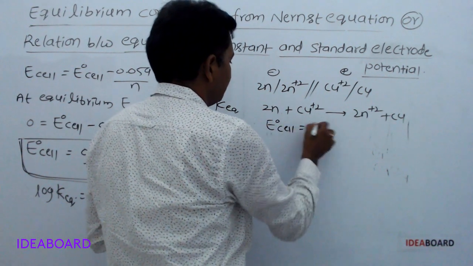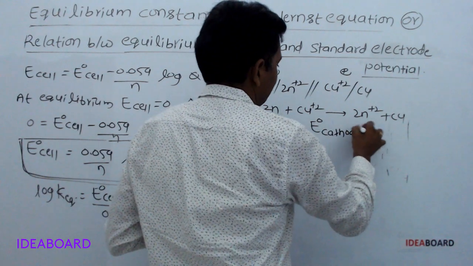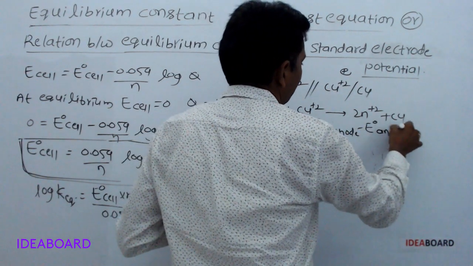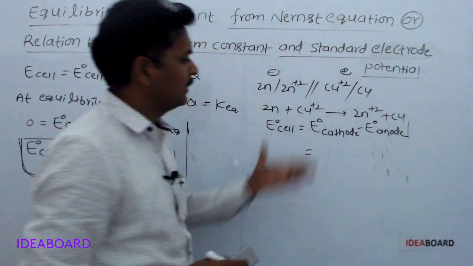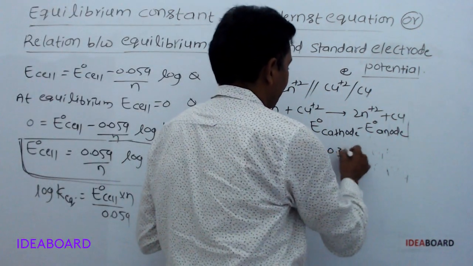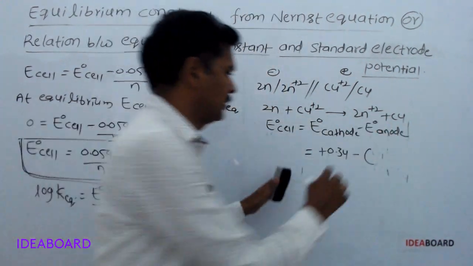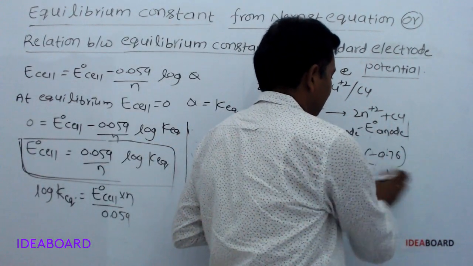E naught cell is equal to E naught cathode minus E naught anode. Here cathode is copper electrode. We know that for copper electrode it is 0.34 volts minus, for zinc electrode, minus 0.76 volts.